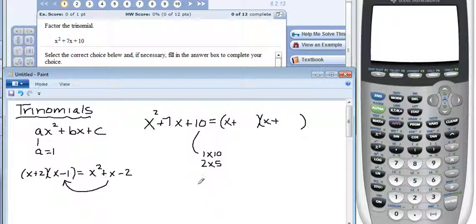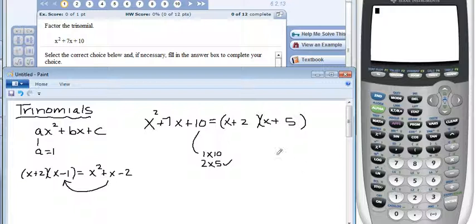Since I want to add to my middle term, because this is an addition, this back piece is an addition, I want to look at to see what my middle number is. It's a 7. Which pair adds to a 7? Well, 1 plus 10 is 11. That one won't work. But 2 plus 5 is 7. So this is your pair. And you're just going to slap them in here, and you're done.